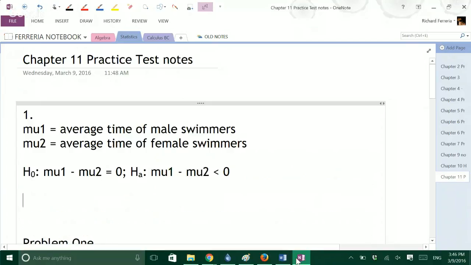Question 2. Question 2 is now going to ask me for a test statistic, a p-value, and a decision. So let's figure out our test statistic. But before we can do that, we should figure out, well, here's that 1, 2, and 3 part, right? Number 1, what is the center of my sampling distribution?